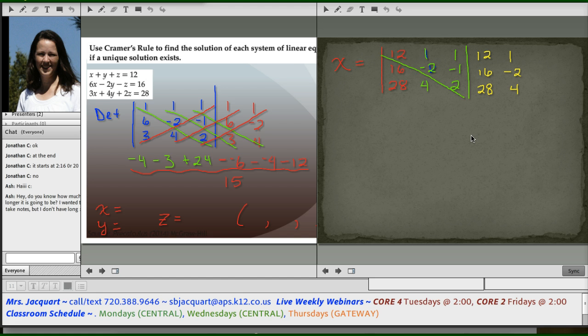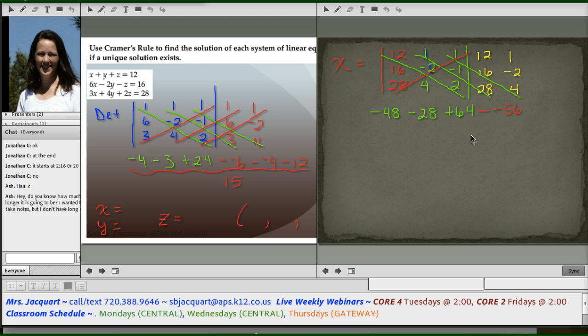2 times negative 2 times positive 2 is negative 48. And then 1 times negative 1 times 28 is negative 28. And then 1 times 4 times 16 is positive 64. And then we're going to do the other direction. 28 times negative 2 times 1 is minus a negative 56.